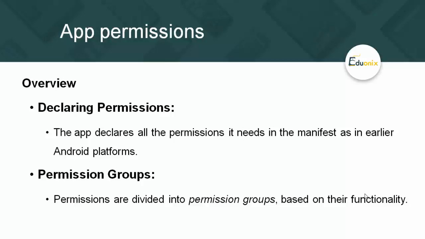When the app needs to send a message, it requests the send SMS permission. The system shows the user a dialog box asking if the app can have access to SMS. If the user agrees, the system grants the app the send SMS permission it requested. Later, the app requests receive SMS. The system automatically grants this permission since the user has already approved a permission in the same permission group.